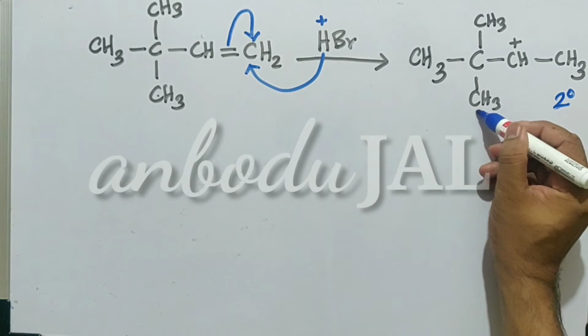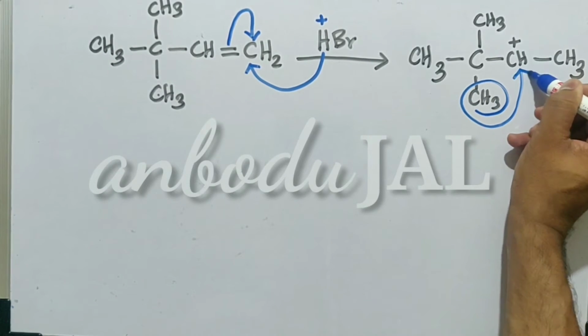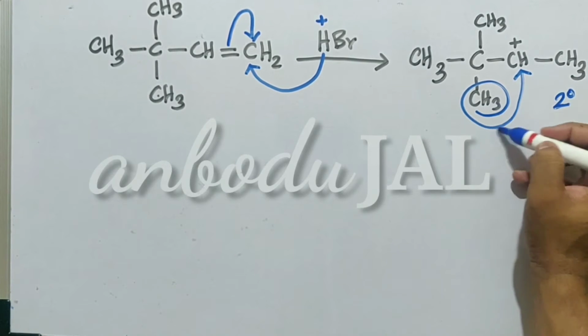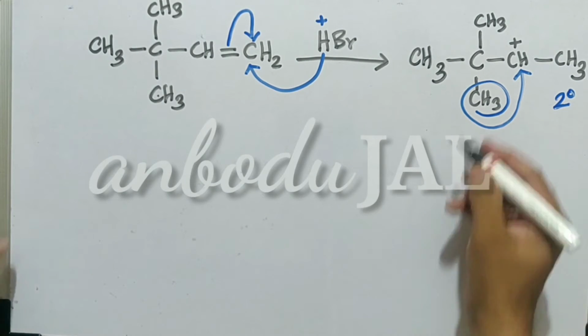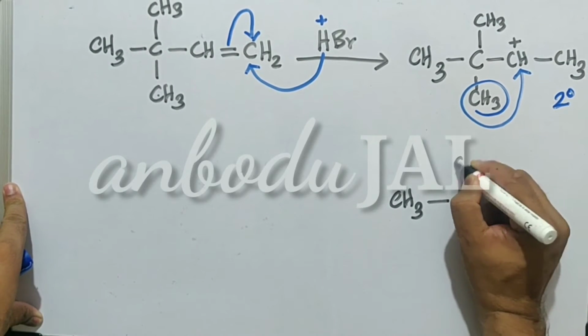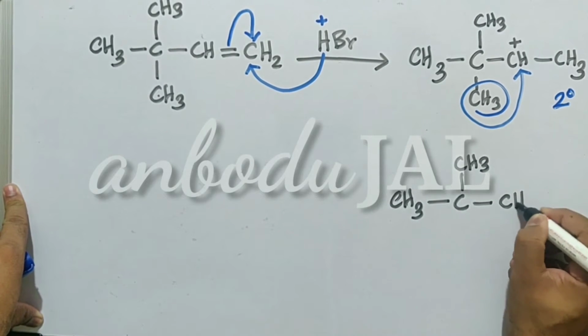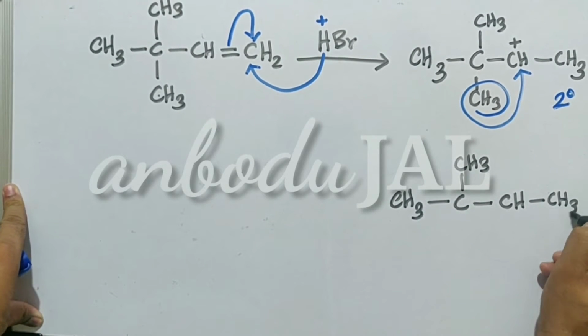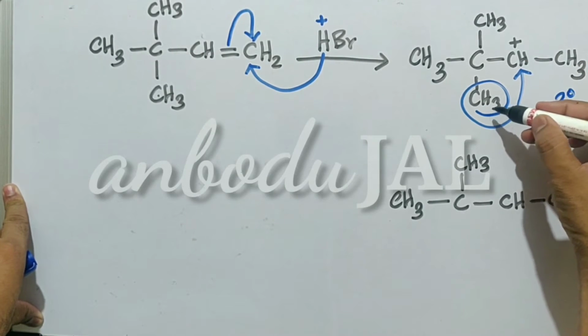As a result of shifting of one methyl group, that is CH3 minus, towards this carbon, what happens? CH3, single bond C, here one CH3, there is no change. Here CH, single bond CH3, this CH3 is shifted to this CH plus as CH3 minus.